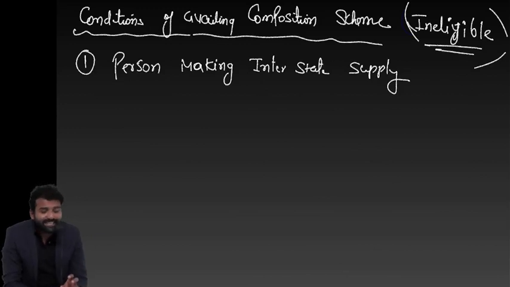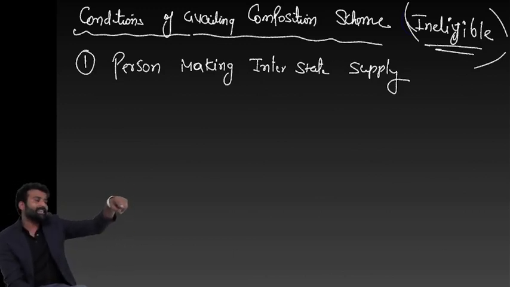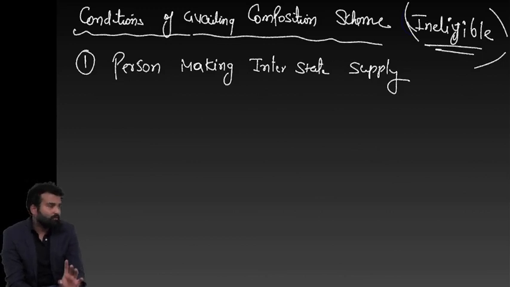I didn't tell anything about IGST because a composition person is not allowed to sell outside the state. He can buy from the outside state, but he cannot sell outside the state. So he cannot make any interstate supply.